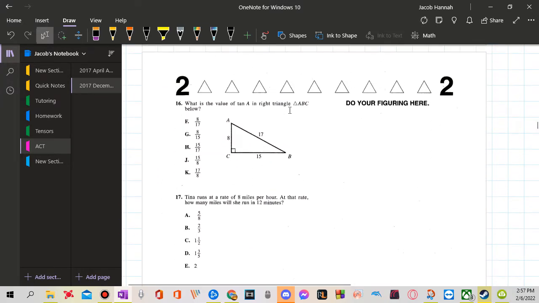Alrighty. What is the value of tan A in the right triangle below? So tan of A. Alrighty. So since this is of A, let's rewrite this.